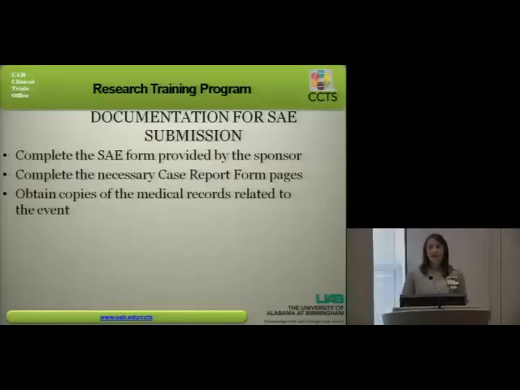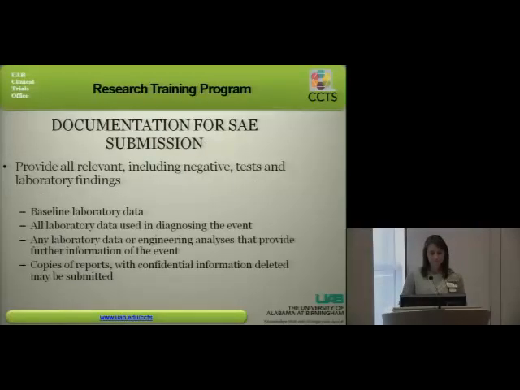So documentation for SAE submission. You want to complete the SAE form that is provided by the sponsor. You want to complete the necessary case report form pages, and you want to obtain copies of the medical records that are related to the event. Also, you want to provide all relevant information, including negative tests and laboratory findings.